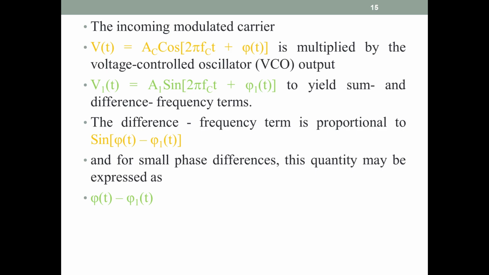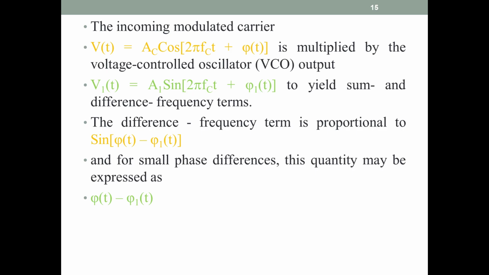Here, the incoming modulated carrier v(t) equals Ac cos(2πfct + φ(t)) is multiplied by the voltage controlled oscillator VCO output v1(t) equals A1 sin(2πfct + φ1(t)) to yield sum and difference frequency terms.